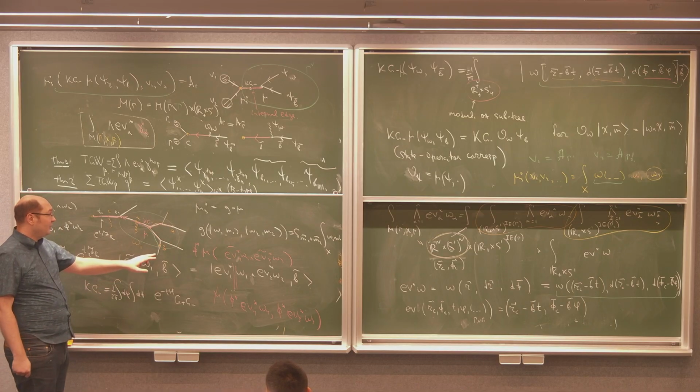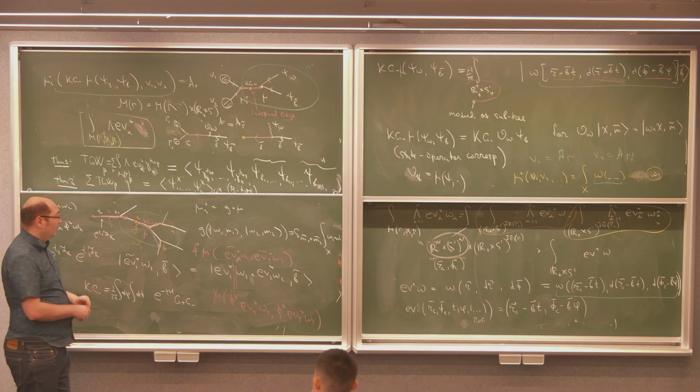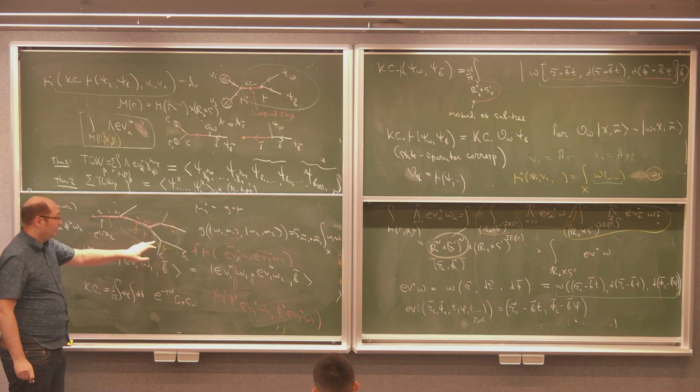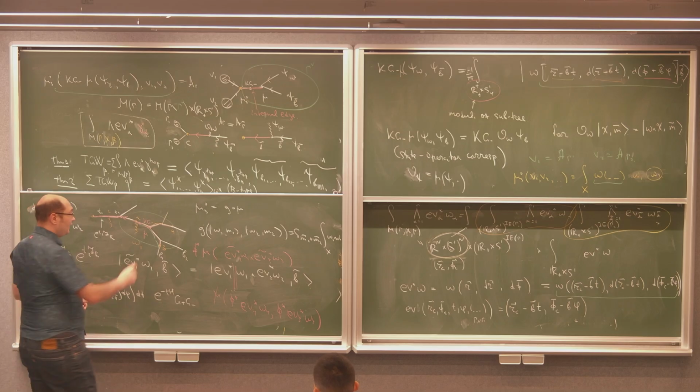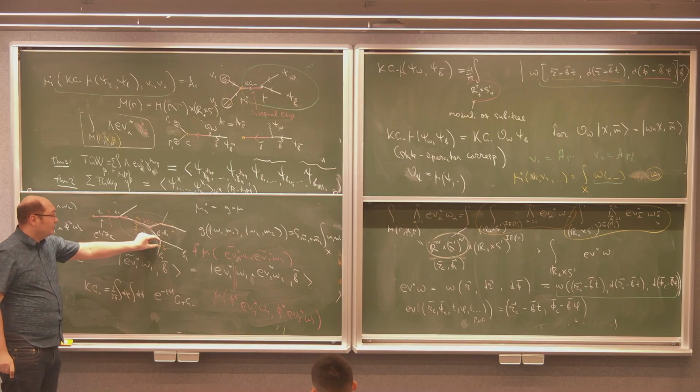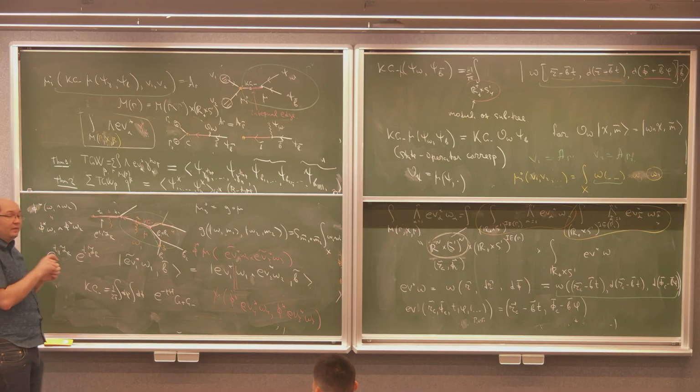Here we will have some B1, B2, and the vector assigned here would be B1 plus B2. So when we evaluate this e to the th on different edges, we need to keep track of what vector is assigned to this edge.